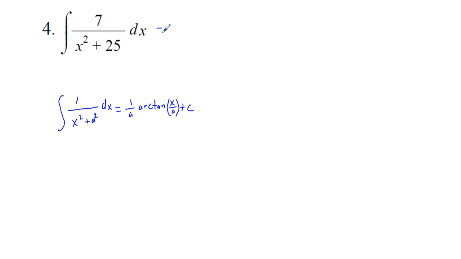So now let's work to the right. So we would say that a is equal to 5, because 5 squared is 25. So what we have here is, I'm going to bring this 7 out front. We have 1 over x squared plus 5 squared dx.